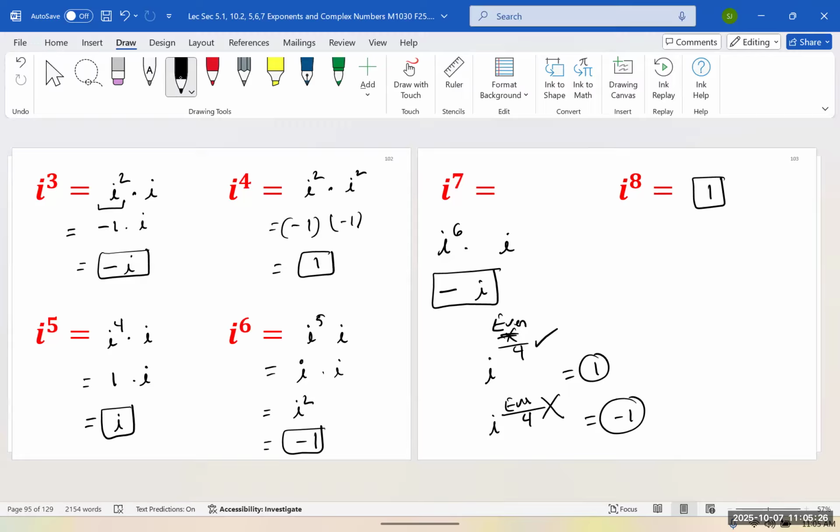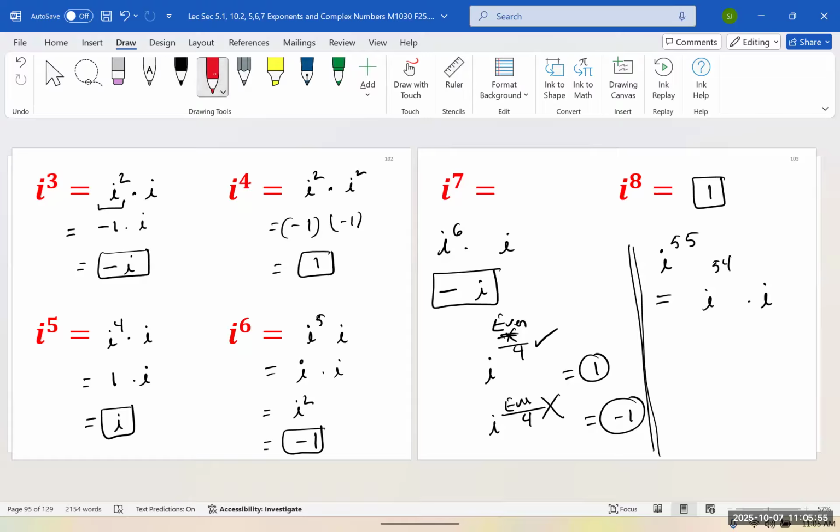Let's try one more here. Let's say we have i^55. Is it odd or even? Odd. So you're going to split into 2 pieces: one is i and one is i^54.